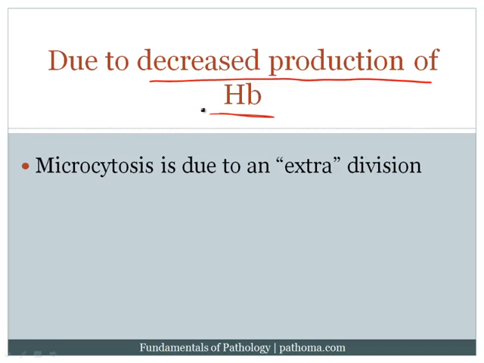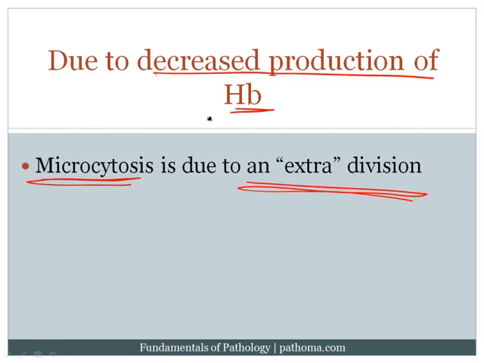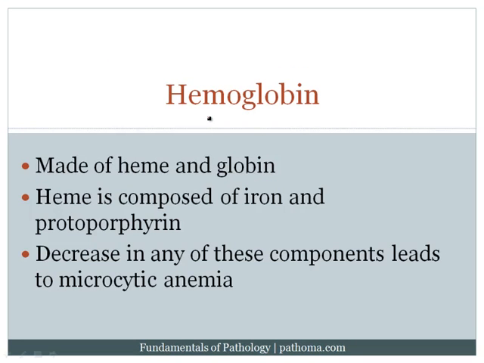Okay, now with that in mind, you then have to understand a little bit of biochemistry to understand the microcytic anemias. So let's remind ourselves, what is hemoglobin? Well, the name gives it away. It's heme plus globin. All right, and what is heme? Heme is basically iron and protoporphyrin.